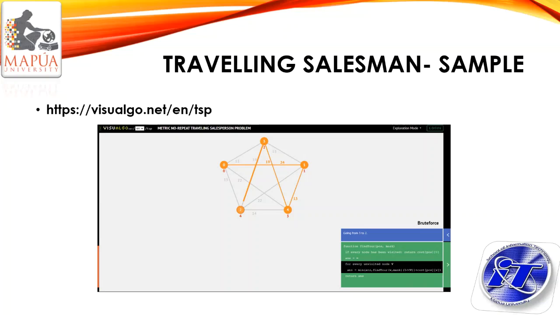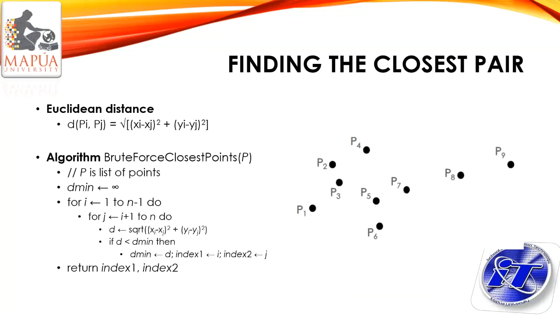Okay, so the last example, finding the closest pair of points. Basically, we're just going to look for the pair of points wherein they have the shortest distance compared with the other paired points. And using the Euclidean distance, we could determine the distance between points. So using brute force, definitely we're going to get all the distances between points.